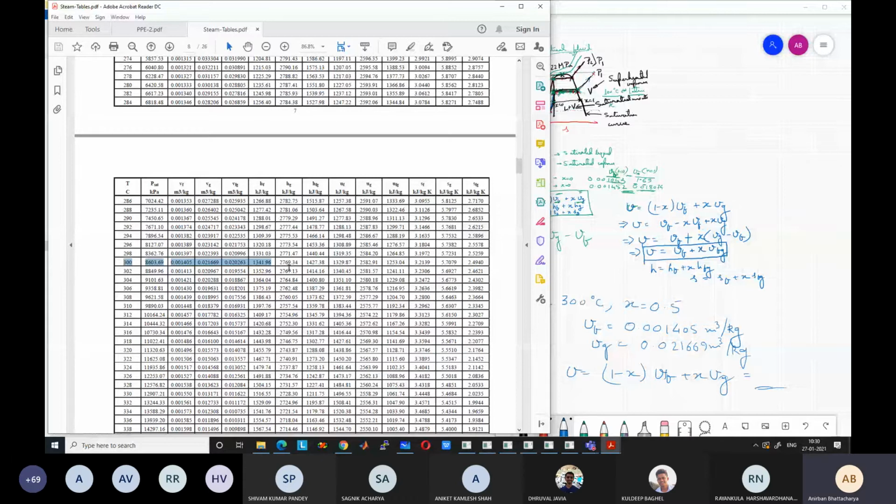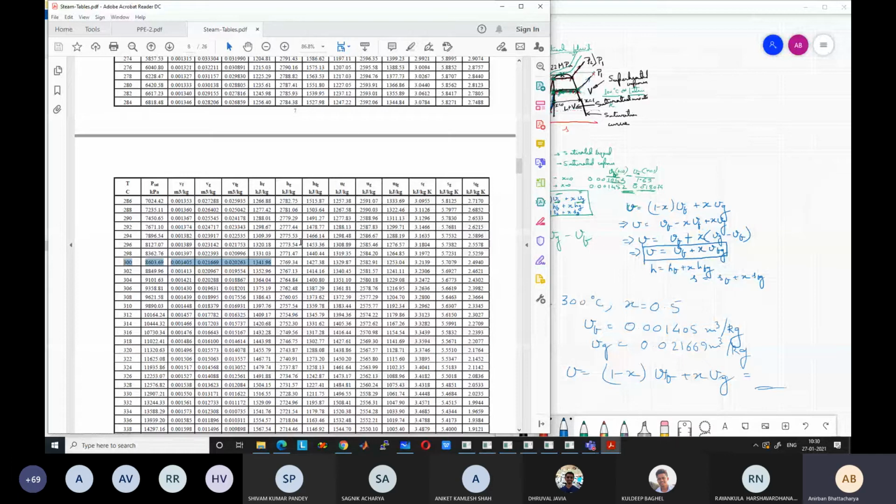You should be very familiar with how to use the steam tables. Even in the exams, if there are problems, steam tables will be provided to you and you have to solve the problems based on the steam tables. Because otherwise you cannot get the data. You cannot use ideal gas laws and any laws like that, because those are too inaccurate. Even for the vapor region, we cannot use ideal gas laws.